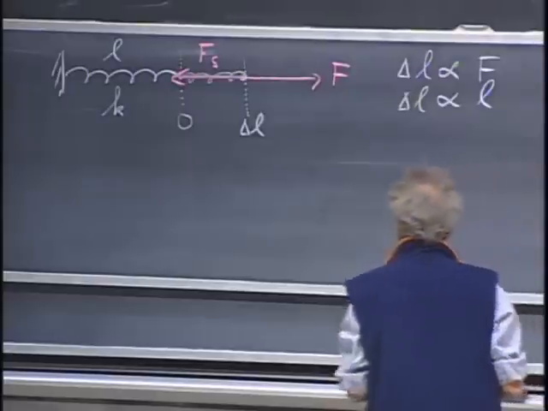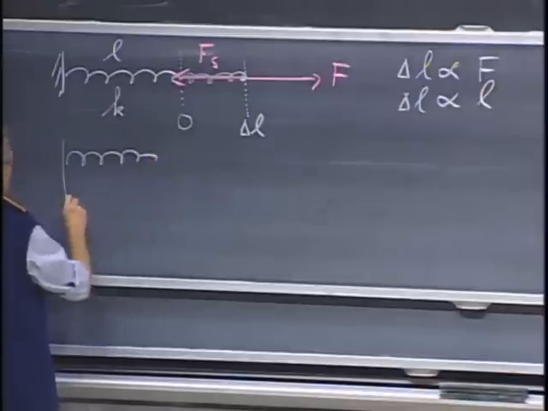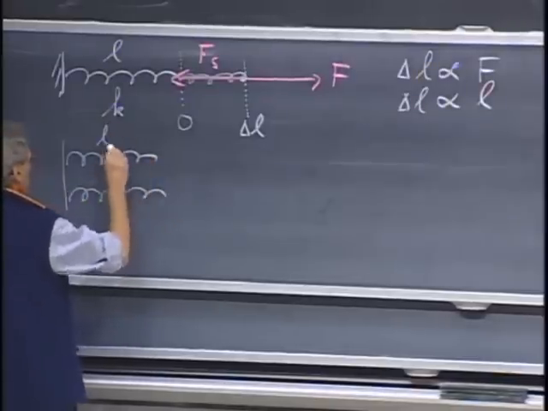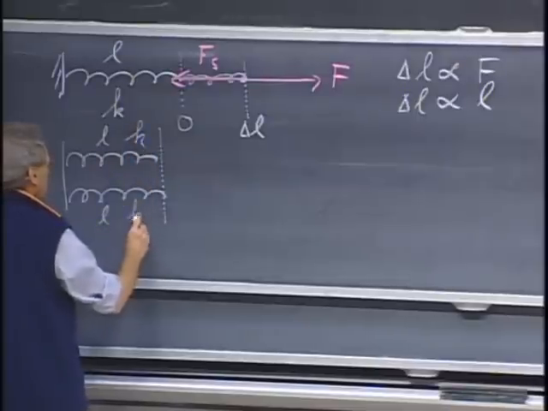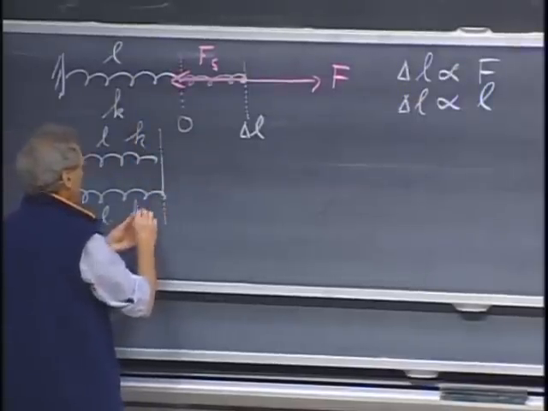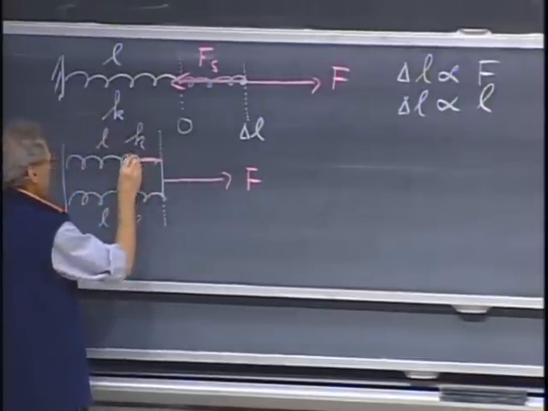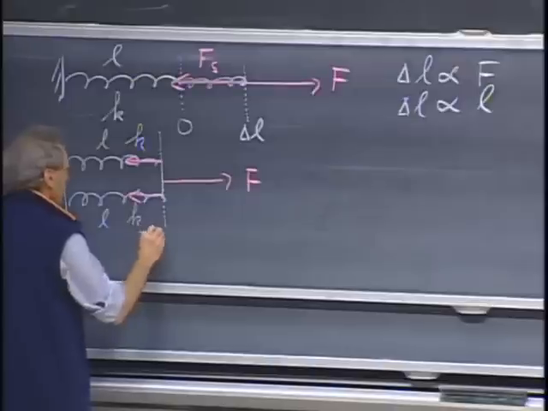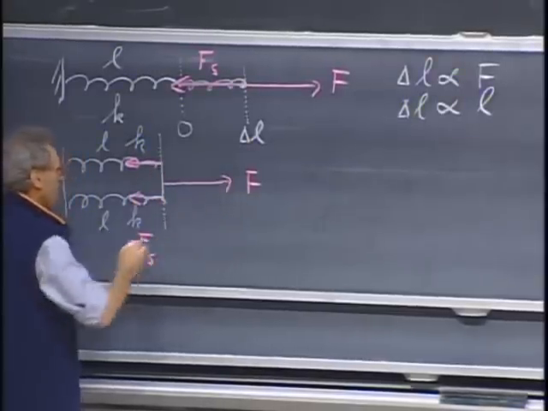If I take two springs parallel, one like so and one like so, relaxed length L, both the same spring constant K, and if now I apply a force on it, then each one of these spring forces is only half this one. Together they counter this force.